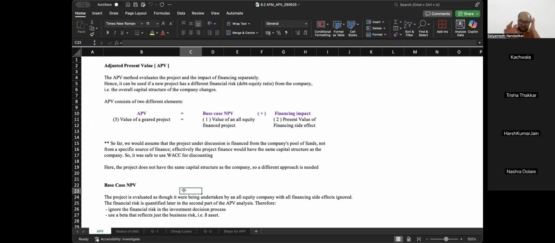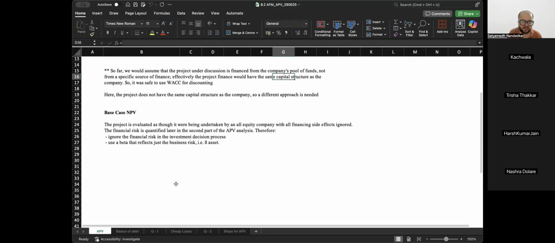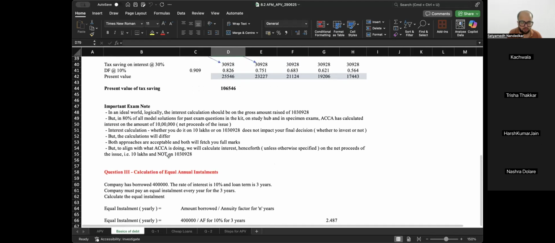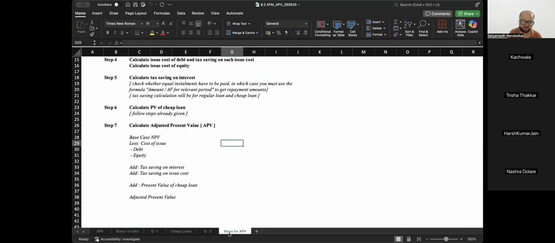So it separately tells you कि on the basis of capital structure of the company, on the basis of the overall funding structure, interest rate structures, and all of that, how much is the impact of that on your NPV calculation? So you do a separate base case NPV, which is a regular NPV calculation, and then you add the financing side effect.